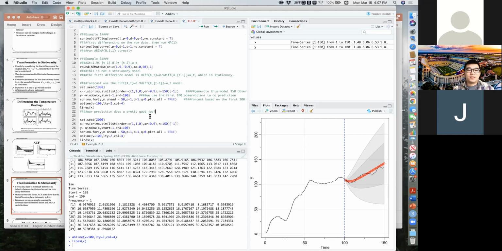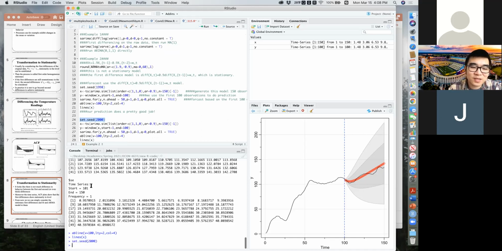Unfortunately, this is not always the case. What I do is that I only change the seed, which is the data generating starting point. I change it from 1998 to 2000, and we regenerate some X values based on this model.